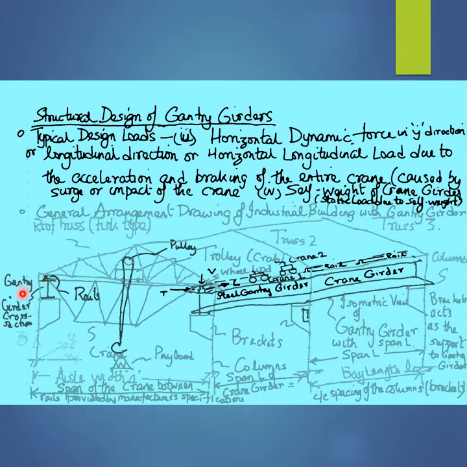Generally, the industrial building structure consists of a roof truss, which is commonly a fink type truss that is supported on columns.